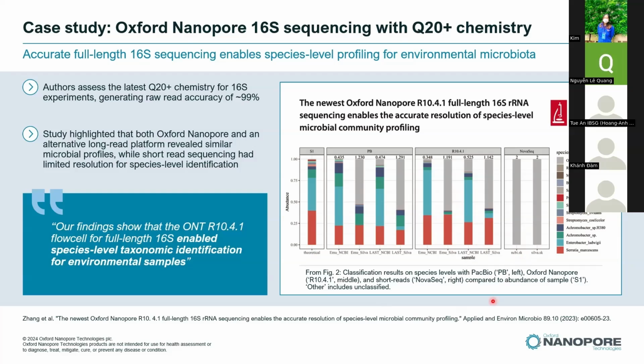They also emphasize that nanopore sequencing has enabled species level taxonomic identification from the environmental sample, highlighting its accuracy and its applicability to microbial community analysis.